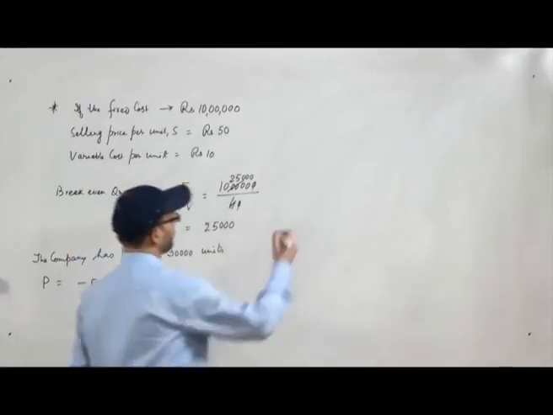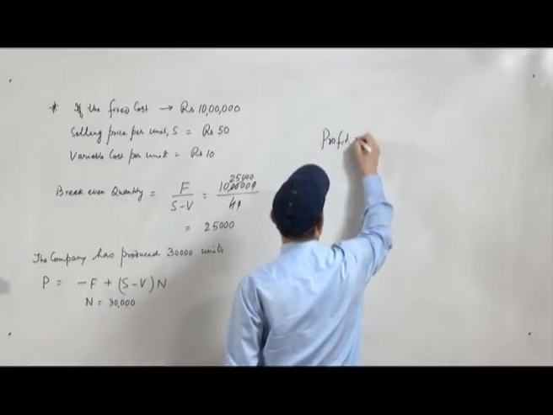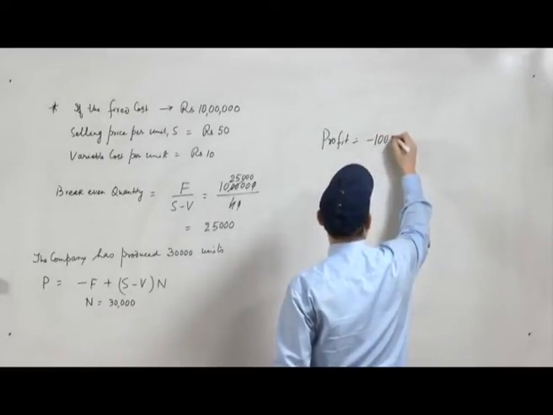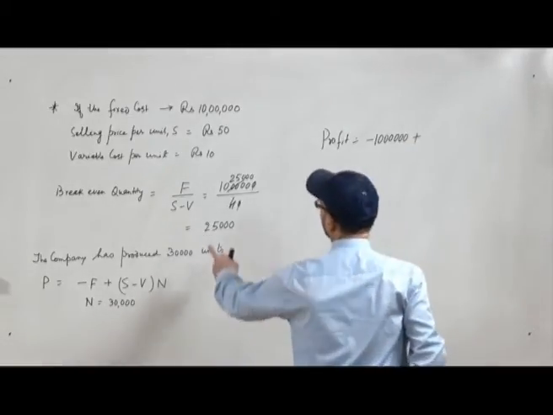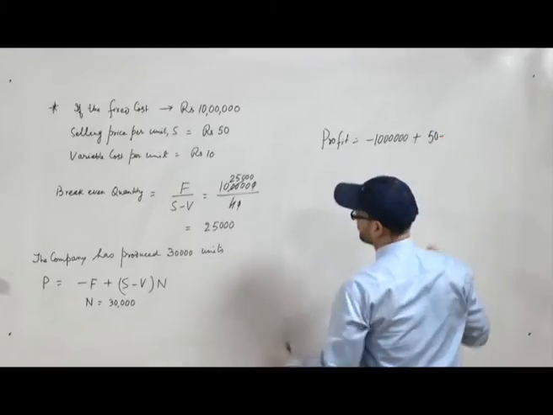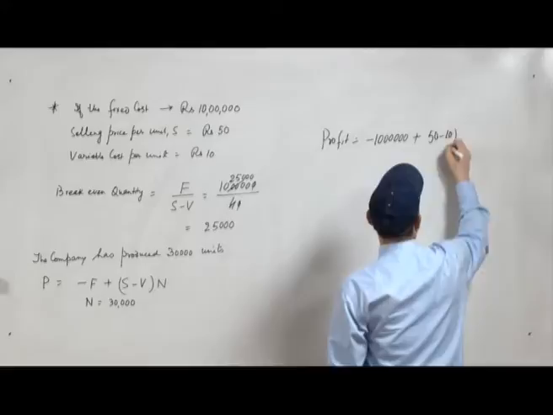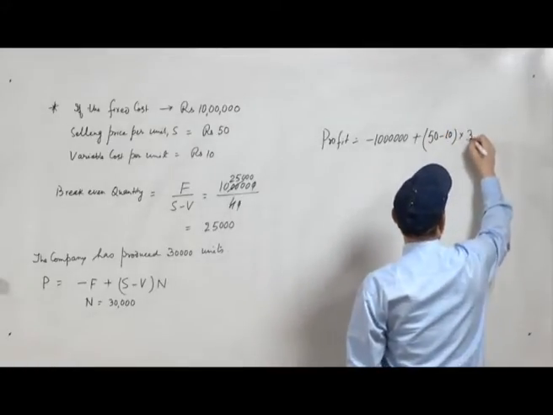So, profit will be, we know the values, minus of 10 lakhs plus S minus V. So, S we have 50 minus V is 10, that is 40, into 30,000 units.